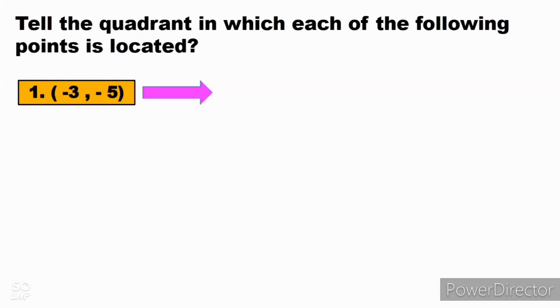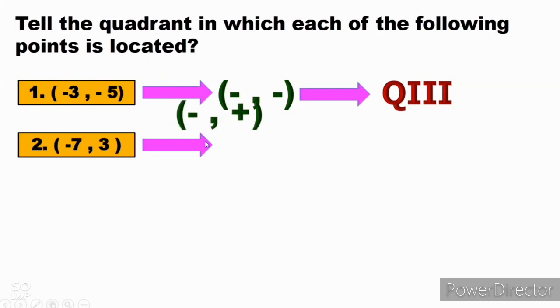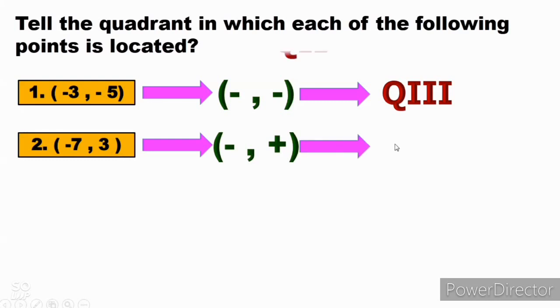So, negative ang x-coordinate, negative ang y-coordinate, therefore, it is in the third quadrant. Next, number 2, negative 7, positive 3. The sign of the x-coordinate is negative, the y-coordinate is positive. Therefore, the point is in the second quadrant.